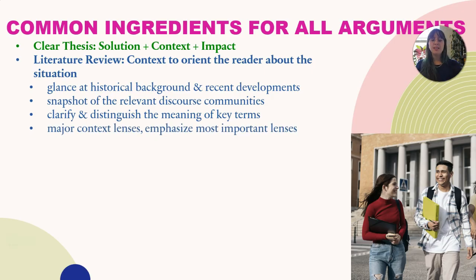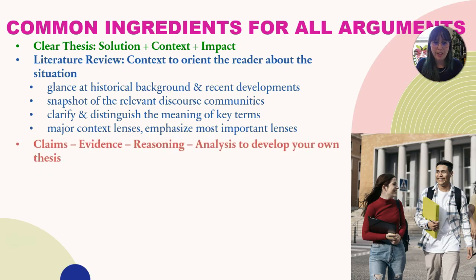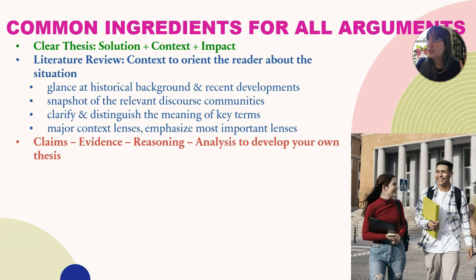It helps us see all the impacts, like the major context lenses that are relevant here, and then emphasizing and focusing on the context areas that are relevant to your specific argument. So that literature review helps us bring the audience up to speed with everything that's going on.